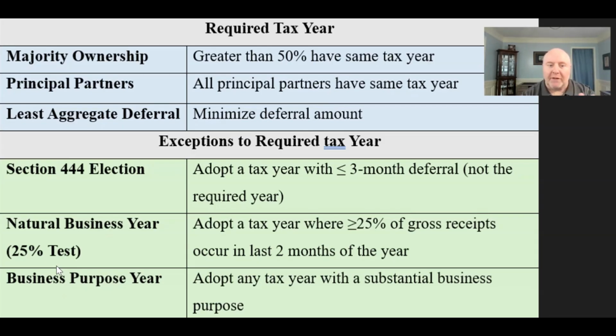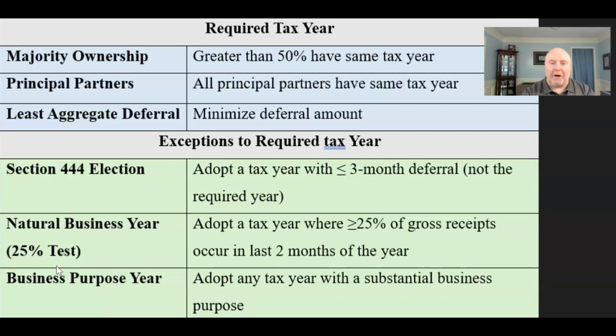But let's just briefly talk about the required tax year and what this even means. So when we are looking at the required tax year, the first thing we look at is majority ownership. What is majority ownership? Well, we're looking to see whether a single partner or a group of partners that have at least 51% control of the partnership share the same tax year.